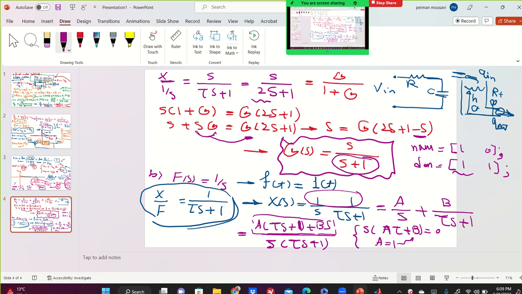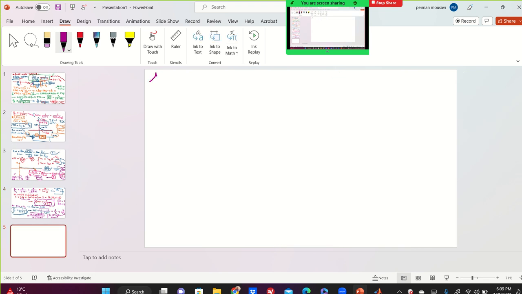So if you implement this here, I'm going to go to the next page. Please let me know if you're done. And A tau plus B is 0.